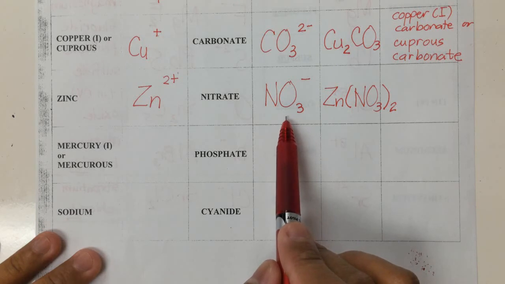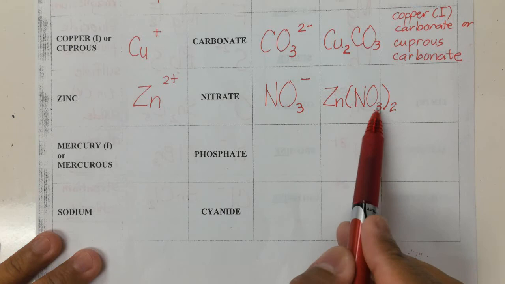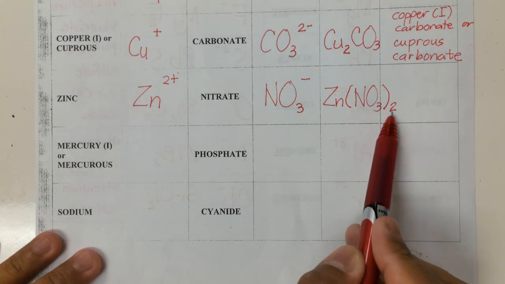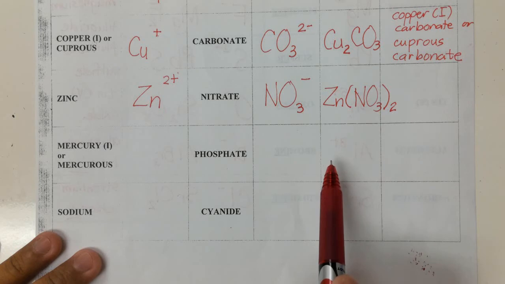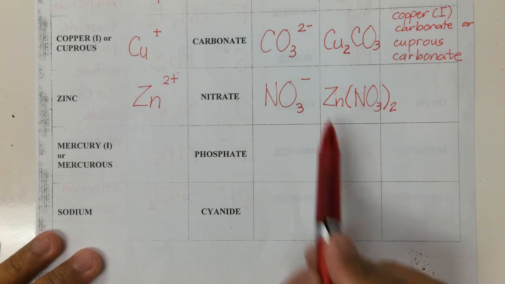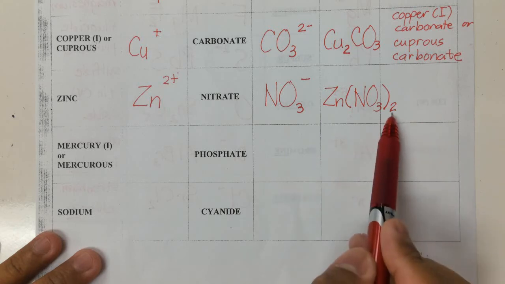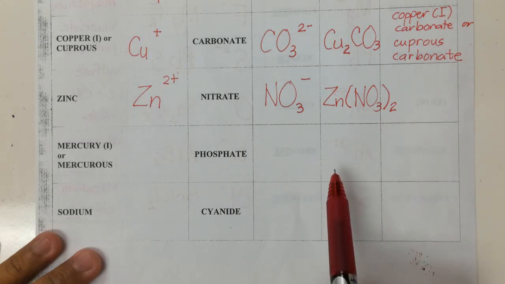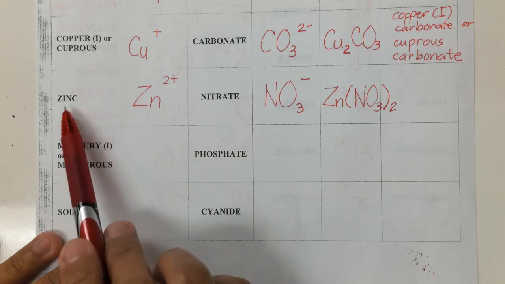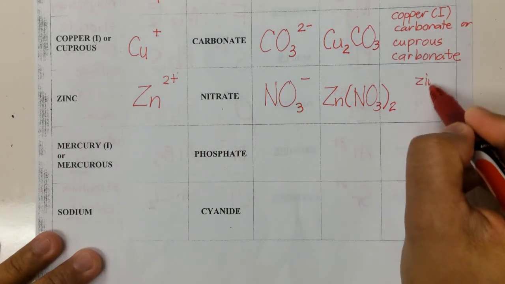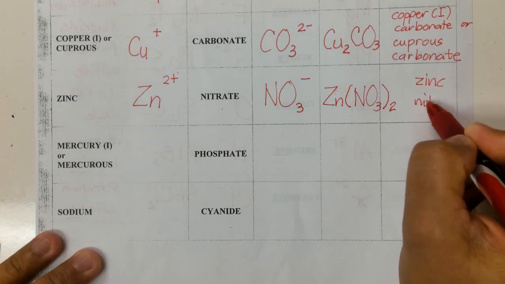It makes no sense if it's a 1 and then you're going to enclose it in parentheses. But it makes sense if your number is more than 1, then there is a need for that parenthesis to enclose your polyatomic ion before you place that number that you transferred. Okay? And so we name it as just plainly zinc nitrate. So that will be zinc nitrate.